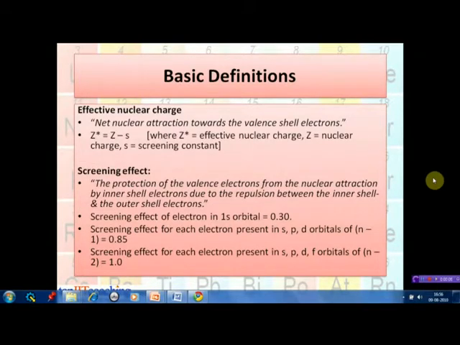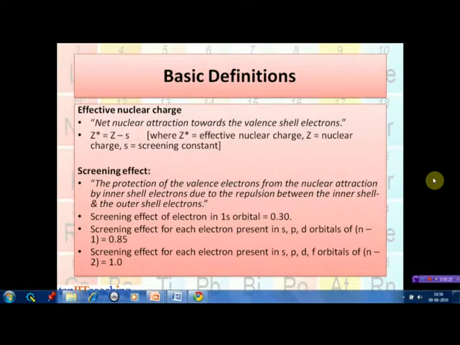Before we begin with periodicity properties and the reason of periodicity, let's get some clarity on some basic definitions. The first of them is effective nuclear charge. It can be defined as the net nuclear attraction towards the valence shell electrons. Now we know that the nucleus is surrounded by electrons which revolve around it in various levels.